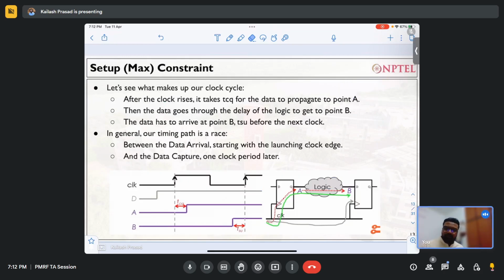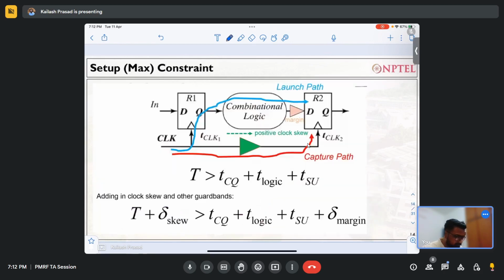Now we will derive the timing equation for the setup time. These are my clock paths, which we have already done. I'm going fast. Just ignore this particular part.